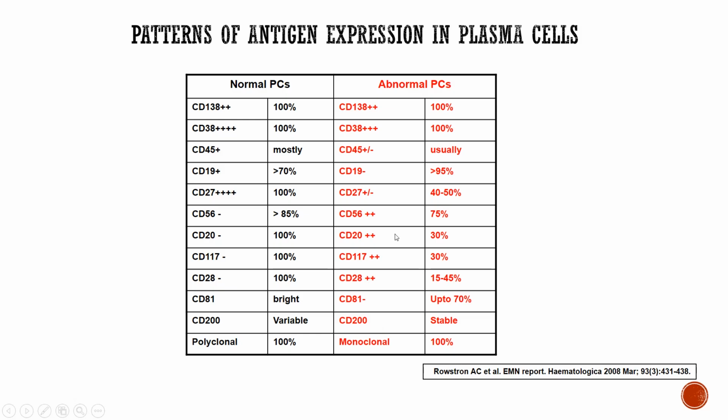So these are the percentages, and these percentages are important when you are designing your panel, which indicates that you have to have these markers. The only liberty you can take is with the last four markers, but any laboratory which is processing multiple myeloma must have all the first six markers in their panel.